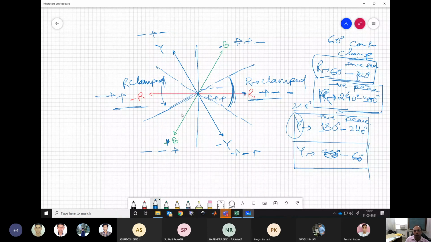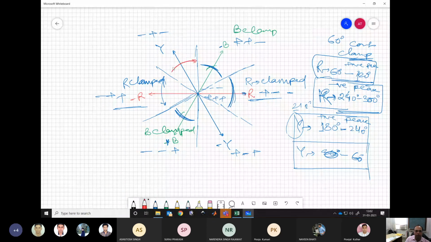Getting my point? Similarly, B must be clamped here and here, during these two zones. Is this clear?